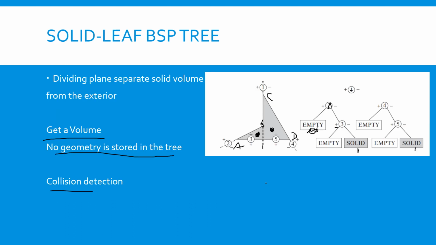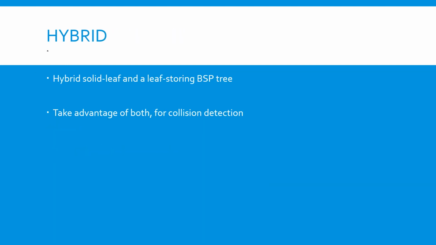So we always combine them together with a hybrid BSP tree. For the hybrid one, we combine solid leaf and leaf storing BSP tree together. So it is very good for collision detection, and we can take advantage of both.